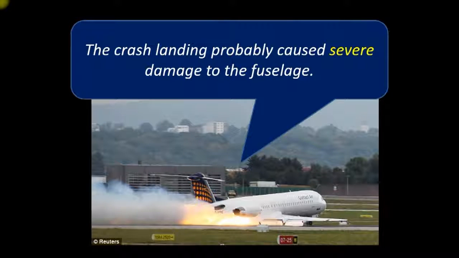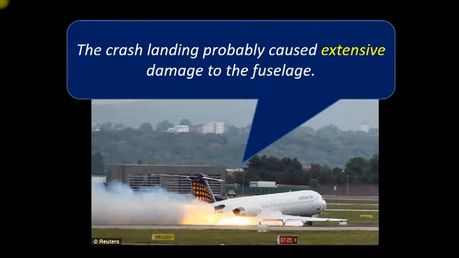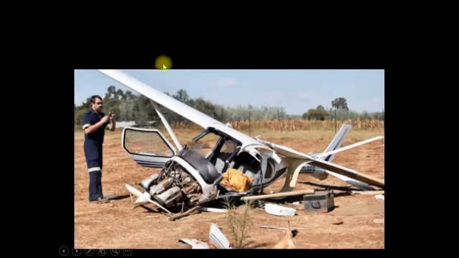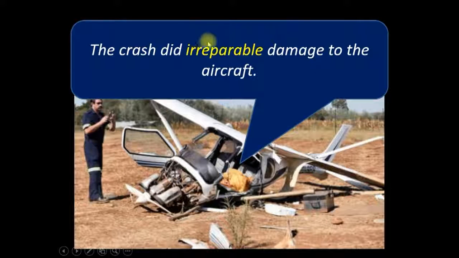So severe damage, serious damage, and extensive damage. Now the next step up would be the type of damage that totally destroys the aircraft. And we often call this irreparable damage. The crash did irreparable damage to the aircraft. The idea here is that it's the type of damage that cannot be repaired. Irreparable.